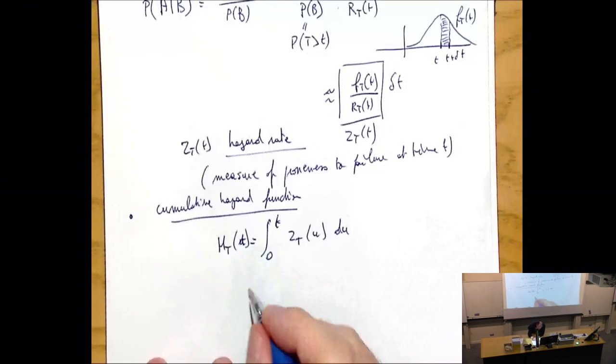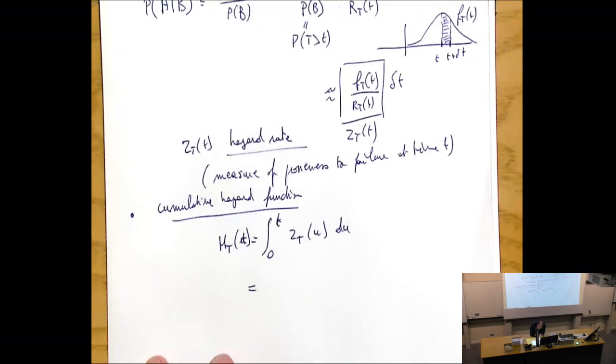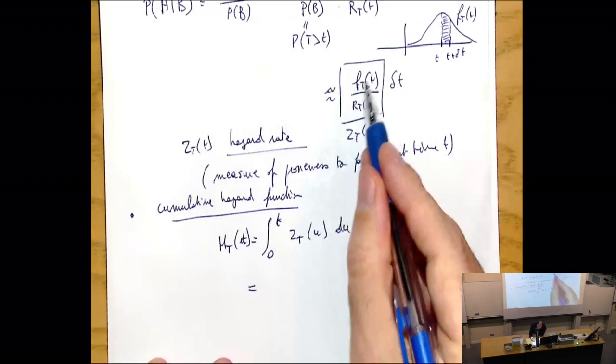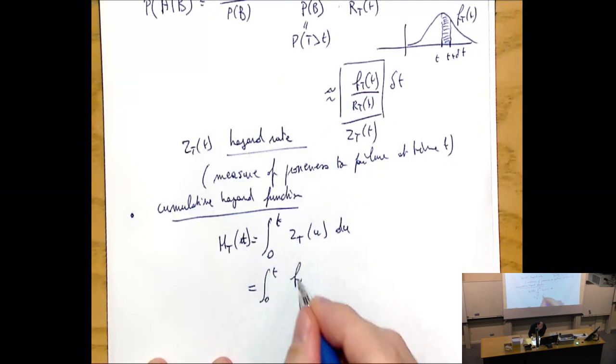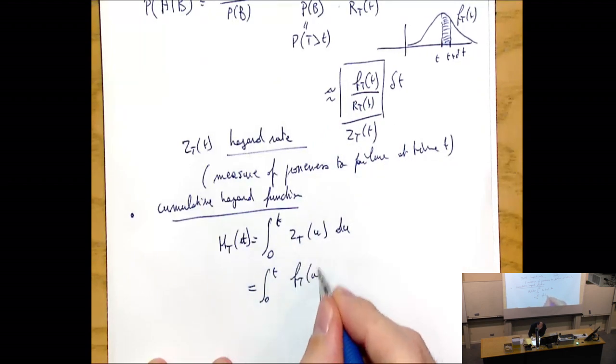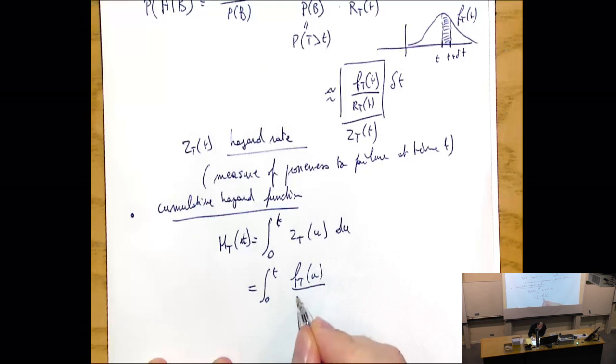Good, so how can we write this a little bit differently? Well, I can plug this relationship into here, and so this is the integral between 0 and t of f of t u over R of t u, du.